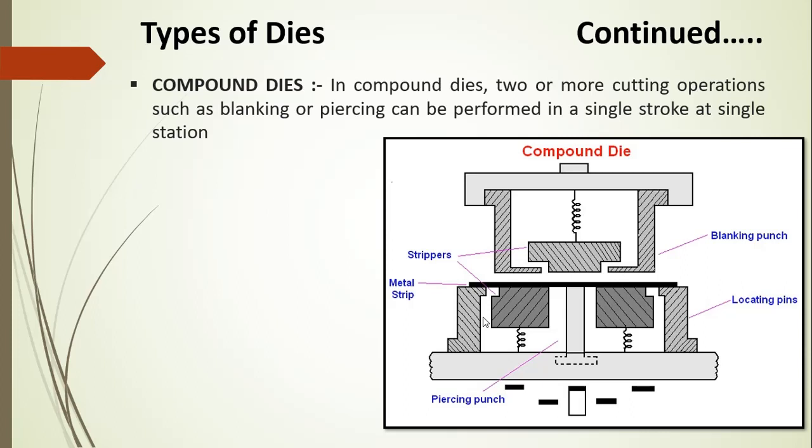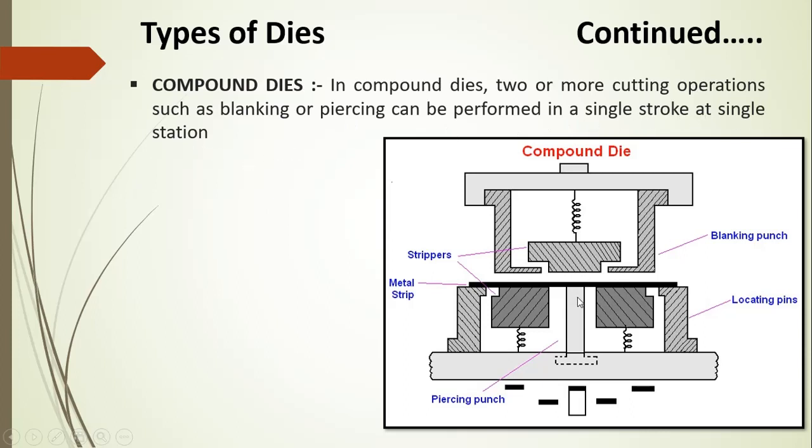But instead of doing two simple dies, we make a die in such a manner that we call it a compound die. On the same die we perform two or more cutting operations, such as blanking or piercing. Piercing is nothing but punching, and can be performed in a single stroke at a single station.